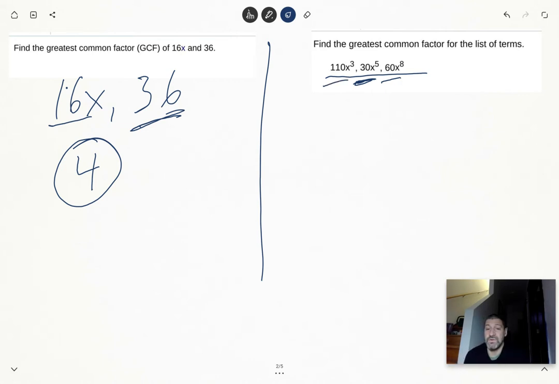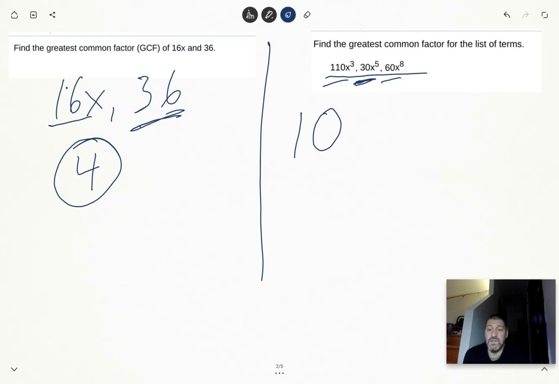So 30 is not common to all of those. If you look at your smallest number to see if it goes into all of them, that would be your greatest common factor. Since 30 doesn't go in there, I need to find a number that does go into all 3 of those. I could do a factor tree, but I'm going to be a little bit lazy this time, and I know that 10 is the largest number that goes into all 3 of those.